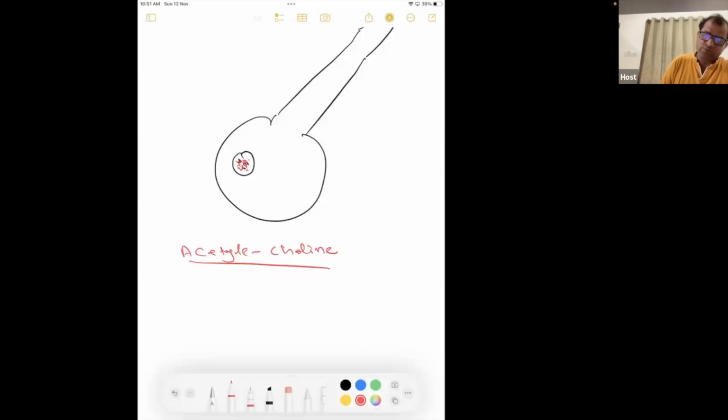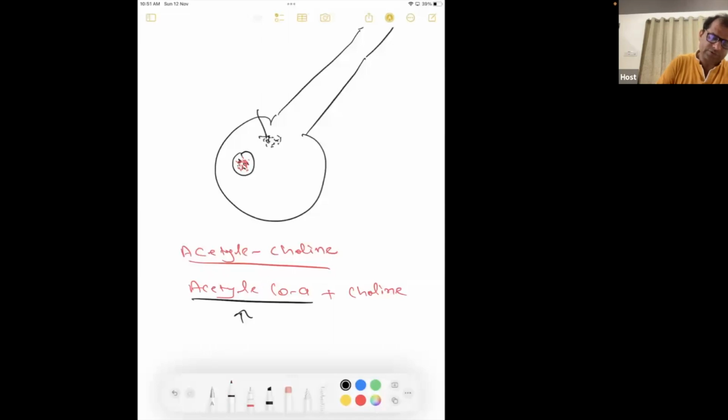Acetylcholine is the combination of two things: number one, acetyl CoA, and number two, choline. Acetyl CoA is coming from mitochondria.